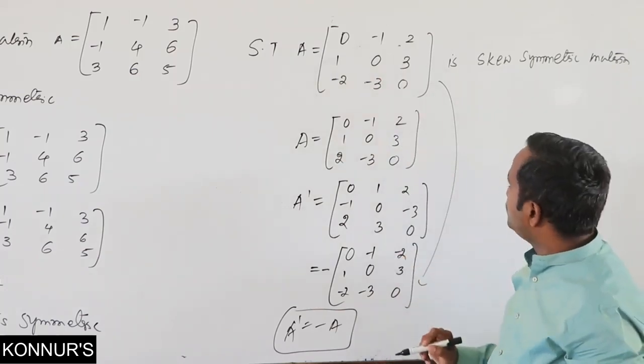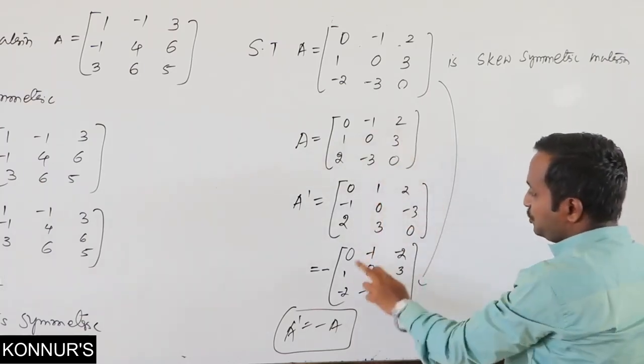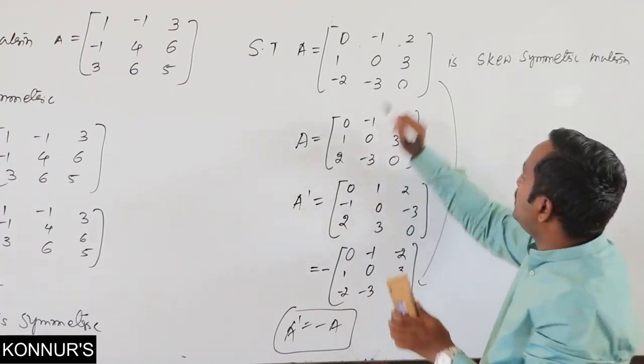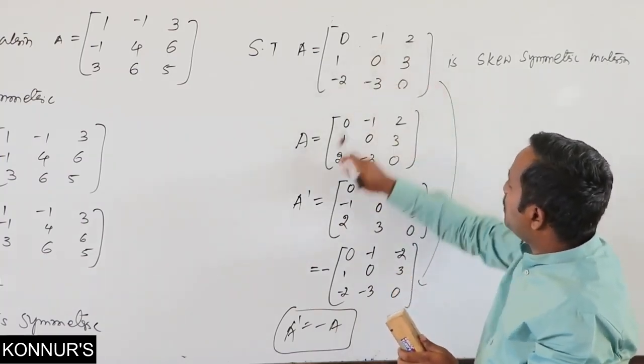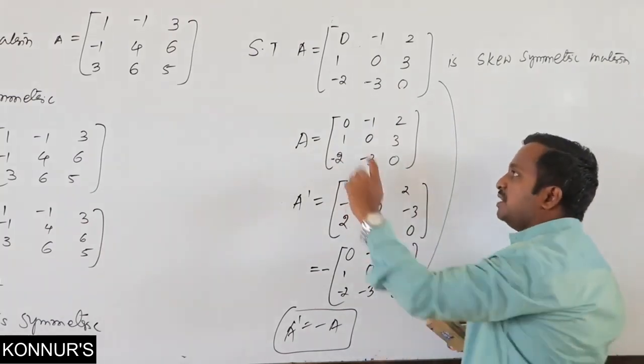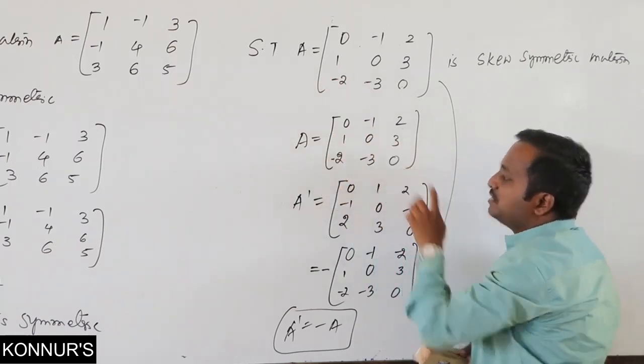I think somewhere it is wrong. No, I did wrong, sorry. I changed the given data. So once again, A matrix is 0 minus 1 2, 1 0 3, minus 2 minus 3 0.